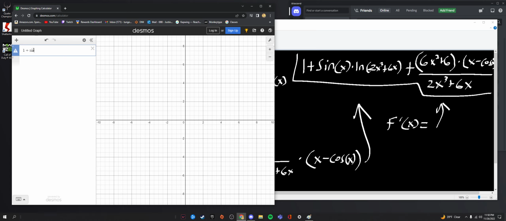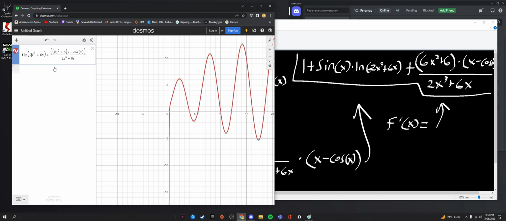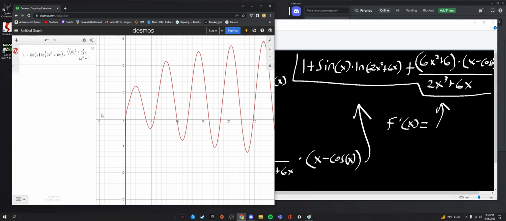So we have 1 plus sine of x times the ln of 2x cubed plus 6x, plus 6x squared plus 6 times x minus cosine of x, this whole thing over 2x cubed plus 6x. What a beautiful function.